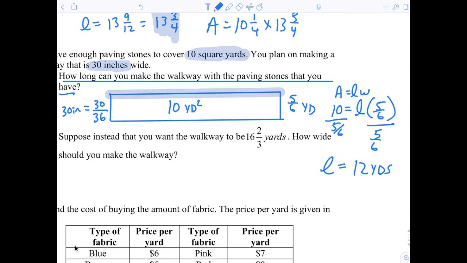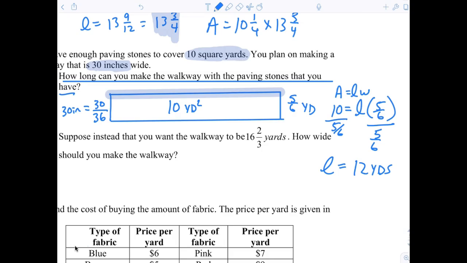A unit could be an inch, a yard, a mile, a foot, right? But a length is never going to be square feet. I'm not going to say you're 5 square feet tall. You're 5 feet tall. You see what I mean?